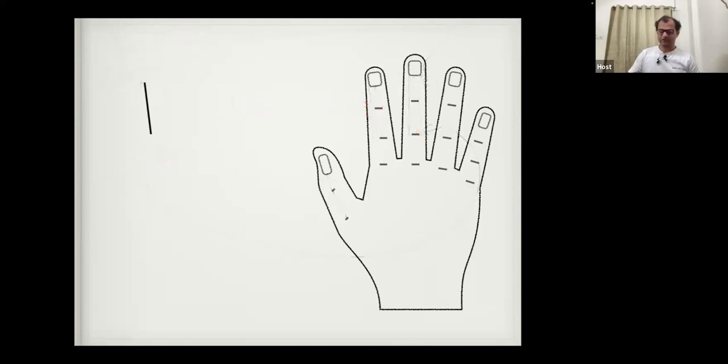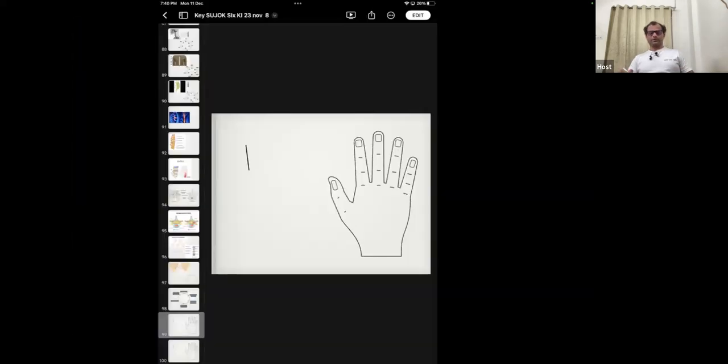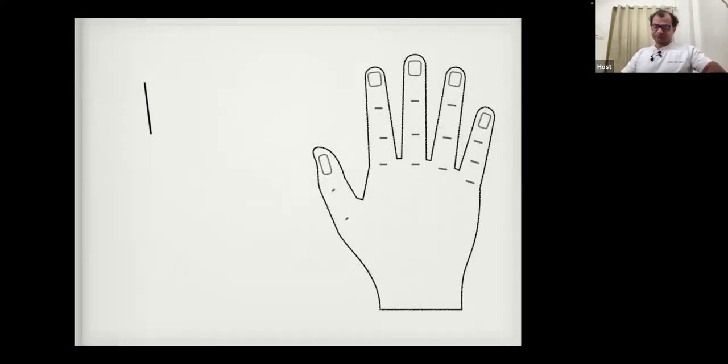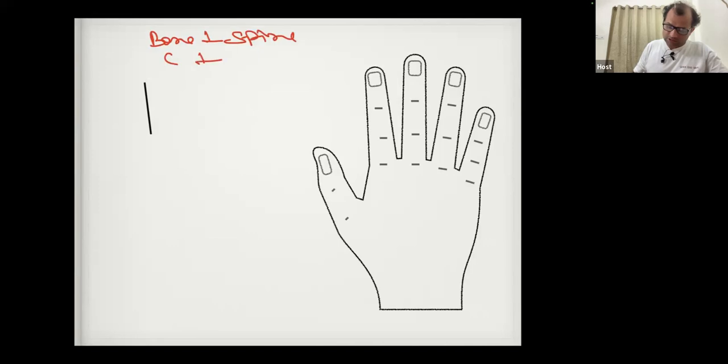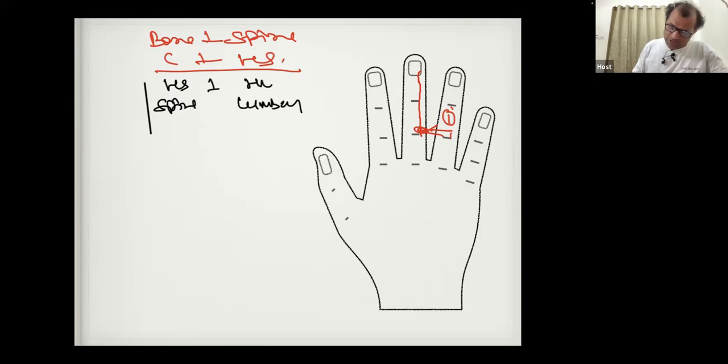I will make it once again. It might be confusing for all of you. I will write and make. So bone, renting spine, coldness, renting hotness. Needle number 1. Then spine means lumbar vertebra, hotness, renting, humidity.